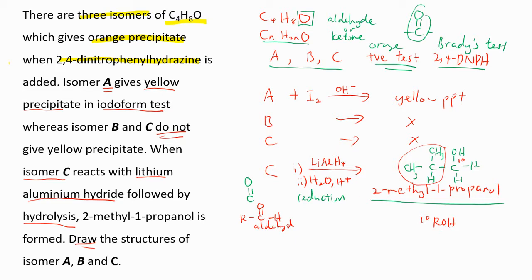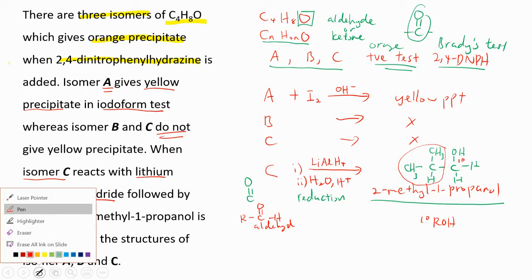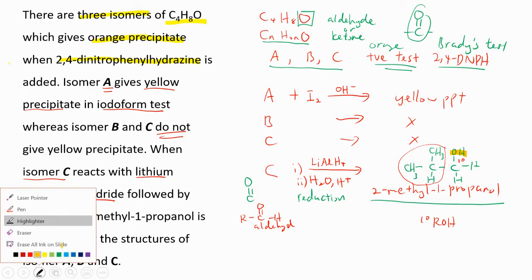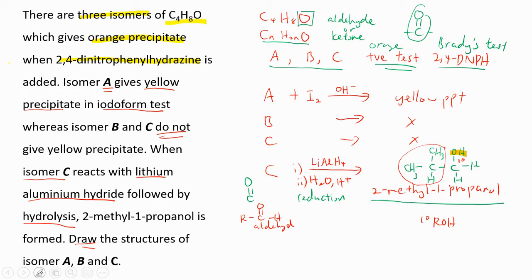So what is the structure of C? This part has OH, so it means we will have C double bond O, H, and then C, CH3, CH3, and H. I will draw isomer C first.